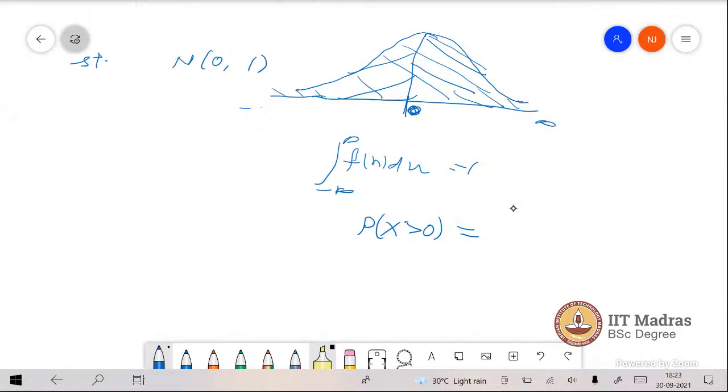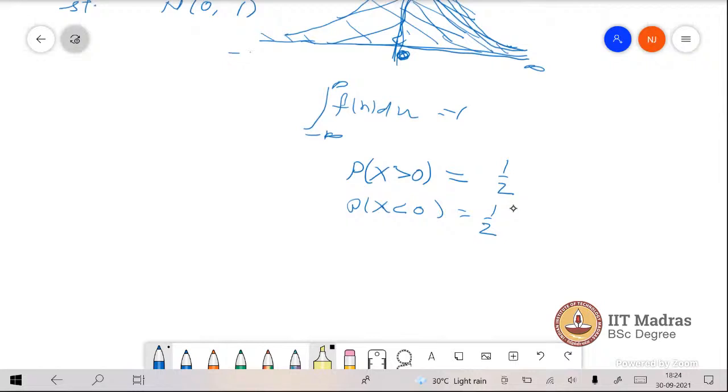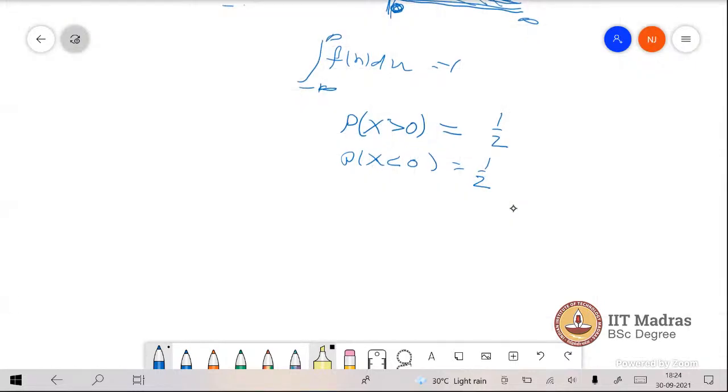I need to find this half area. It is 1/2. What will be x less than or equal to 0? Again, this is 1/2. Just using the symmetric property, I am able to say that this probability is 1/2. In the case of normal mu sigma square, what is the probability that x is less than or equal to mu?